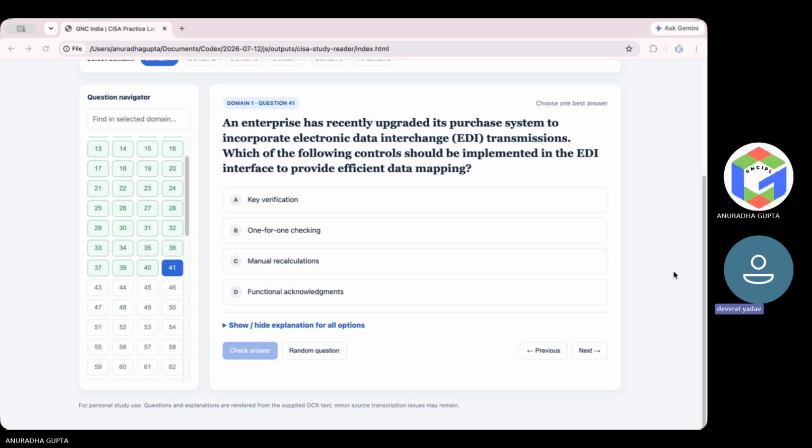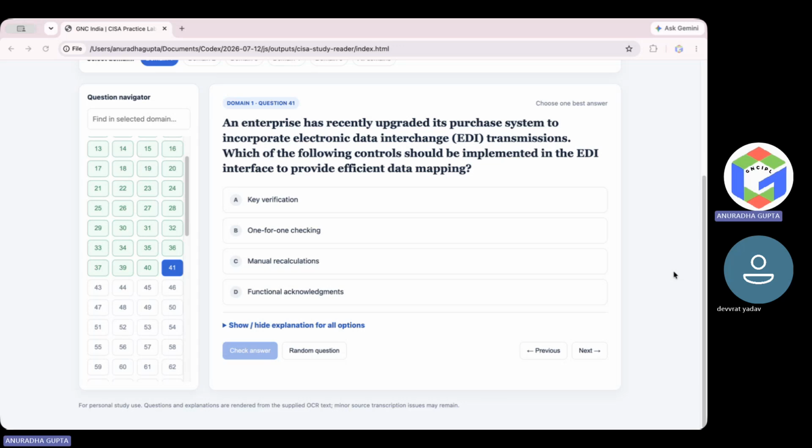Key verification, one for one checking, manual recalculation, functional acknowledgement. You can eliminate that. C and D we can directly eliminate.